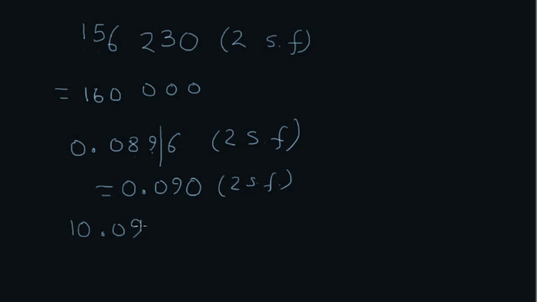Next, 110.09, and we want this to three significant figures. So the 1's significant, the 1, the 0, and the 0 are significant figures. So we cut it off here, the 9's going to round that up, so it's going to be 110.